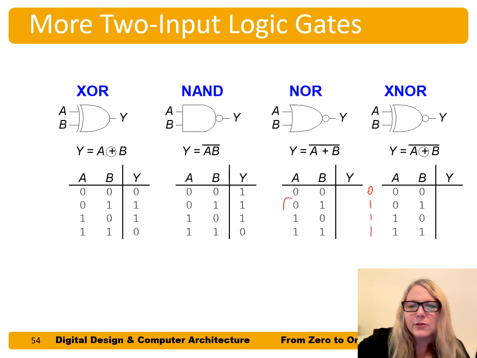The output would have been true whenever any of the inputs are true. Not OR is the opposite of that, so we get a 1 here, right? Or we would have gotten a 0 there. So not or, NOR, will get 1, 0, 0, 0, the opposite of what we would have gotten for an OR gate because of this bubble and this bar indicating inversion.